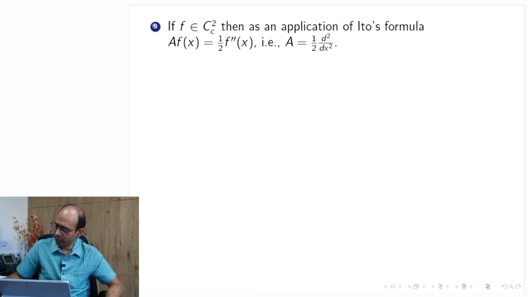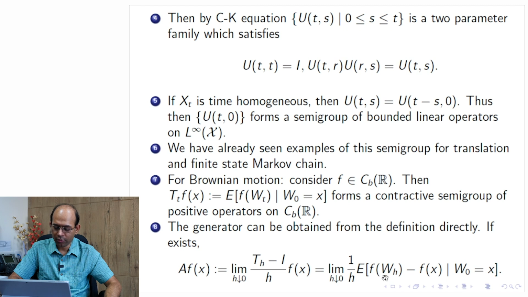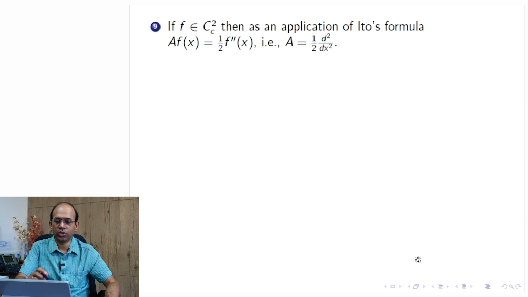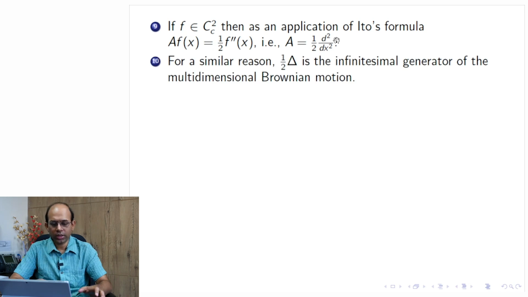So Af, which is the expectation of f of W_h minus f of x, times 1 over h, becomes half times f double prime x. Or in other words, we say that the operator capital A is half times d²/dx².